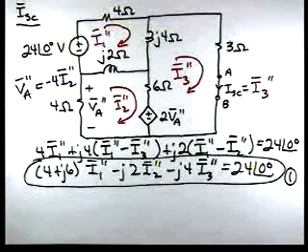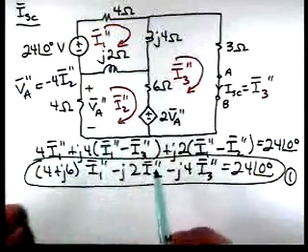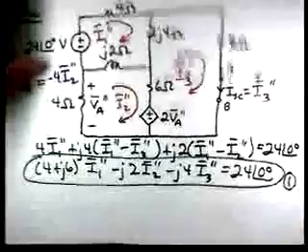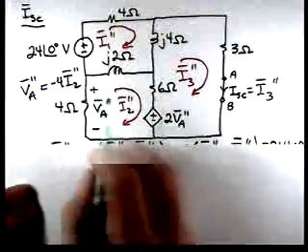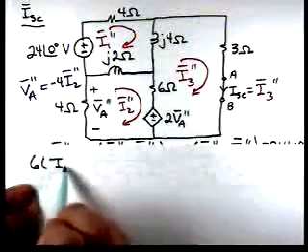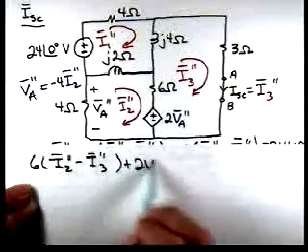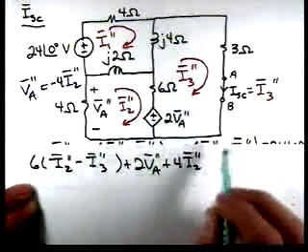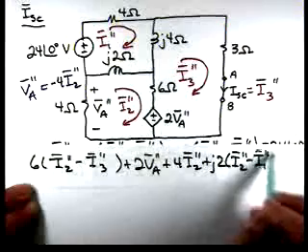Okay, so now let's go down and let's start with this mesh. Starting here and going around, we'll have 6 times (I2 double prime minus I3 double prime) plus 2 VA double prime plus 4 I2 double prime plus J2 times (I2 double prime minus I1 double prime) equal to 0.